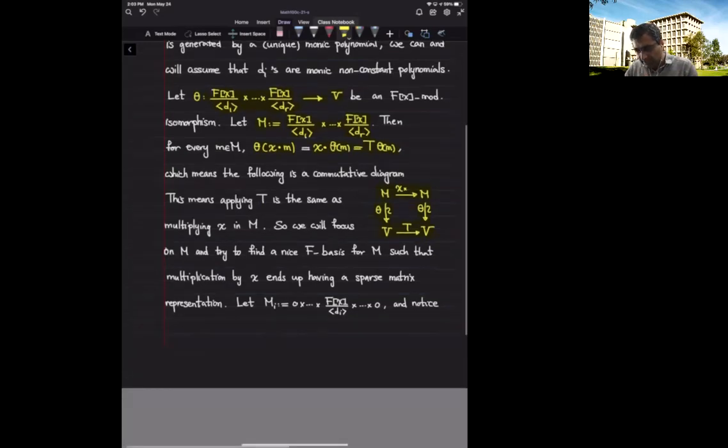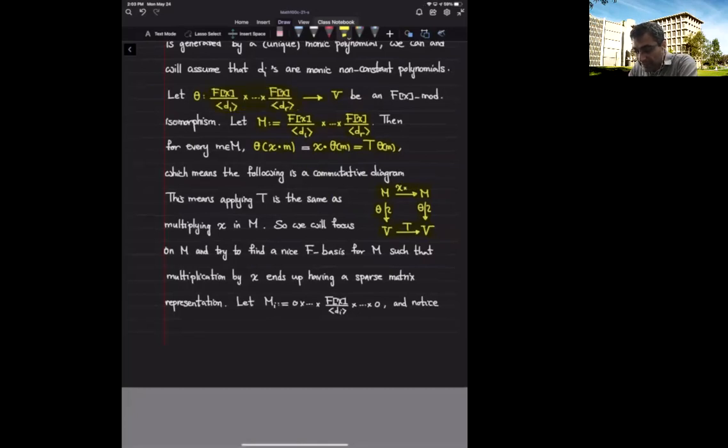So now our goal is to find a nice matrix representation for multiplication by x on this module. Notice this module itself has r copies, r submodules, r factors that are giving us the entire module.